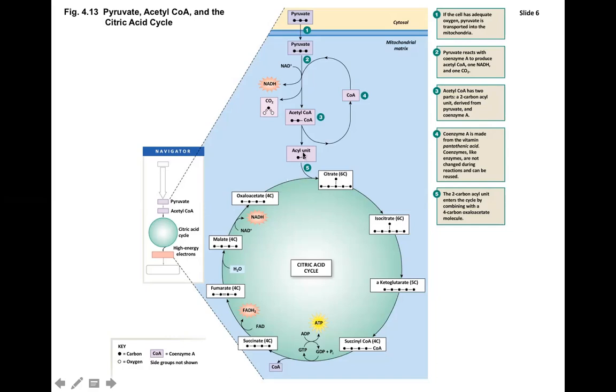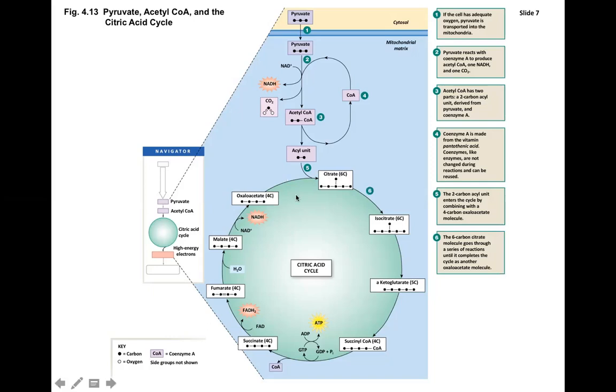So these 2 carbons from the acyl unit combine with these 4 carbons from this molecule called oxaloacetate. And when these 2 molecules come together, it makes a 6-carbon unit of what is referred to as citrate. There's 6 carbons. Only 2 of these carbons actually come from the original glucose molecule. The other 4 are coming from oxaloacetate.